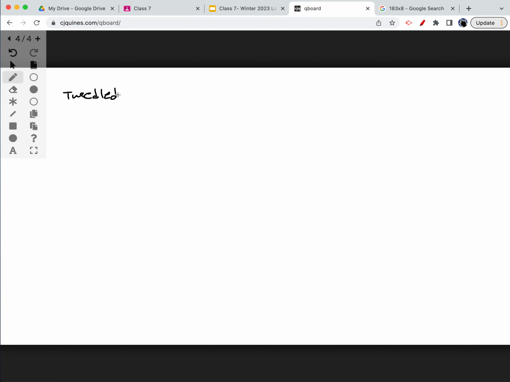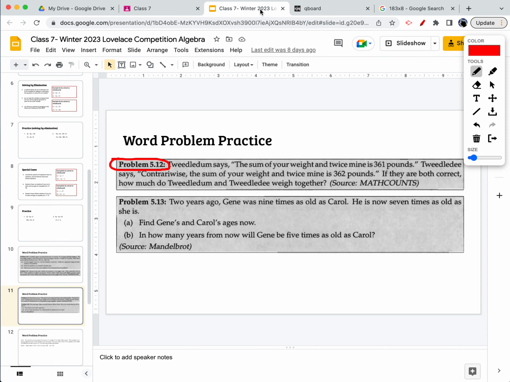Let's say that Tweedledum has a weight of A, and let's say that Tweedledee has a weight of B. Tweedledum says that the sum of your weight and twice mine is 361 pounds.